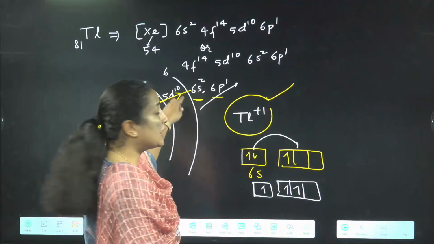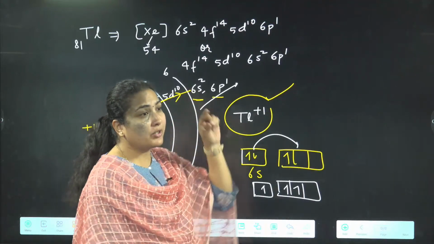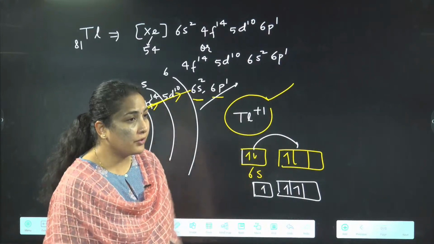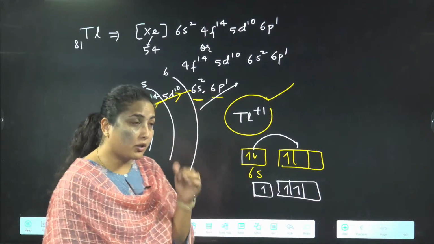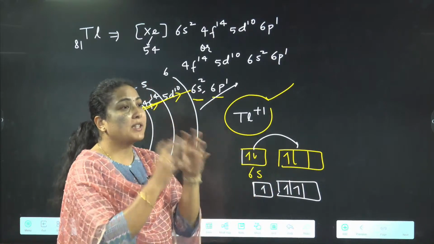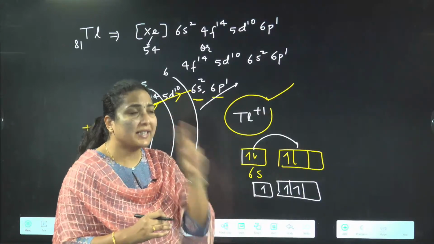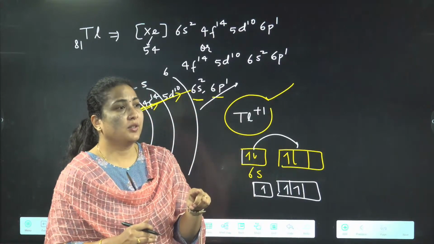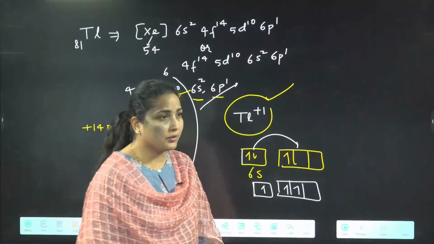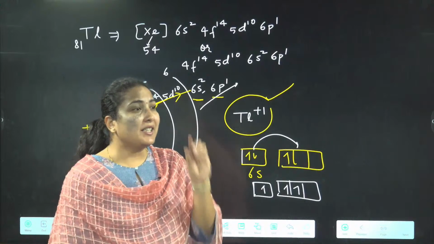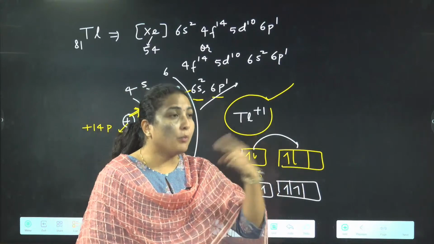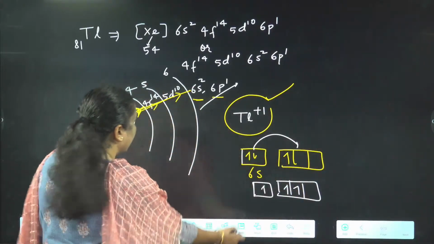You already know that there is a strong nuclear force of attraction here, so for the excitation I need to provide more energy, and more energy means making the system unstable. So in thallium, the 2 electrons of 6s show inertness towards bonding. They are not participating in bonding, because to make 3 bonds I should have 3 unpaired electrons here. Getting it? That's the inert pair effect. Inert because they do not want to form bonds. Pair, how many are there? 2 such electrons.